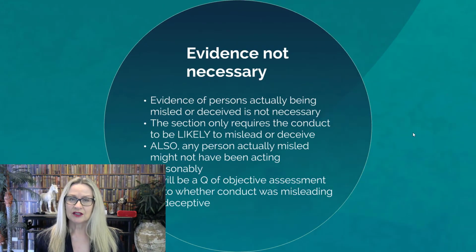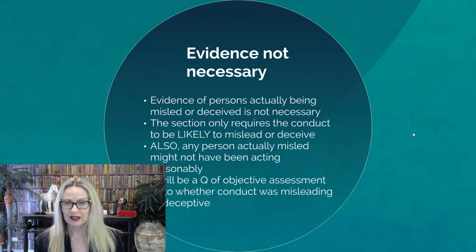The last thing is that because the provision actually says that the conduct only has to be likely to mislead or deceive as a minimum, then you obviously don't have to introduce evidence that any particular consumer or particular purchaser or particular person that was the recipient of the conduct was actually misled, okay? The text goes into this a little bit, and I kind of agree. There can be problems with evidence that consumers have been misled, and particularly some consumers seem to be more easily misled than others.